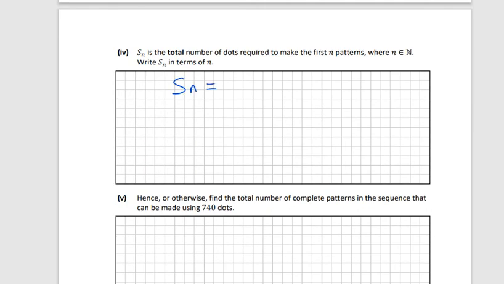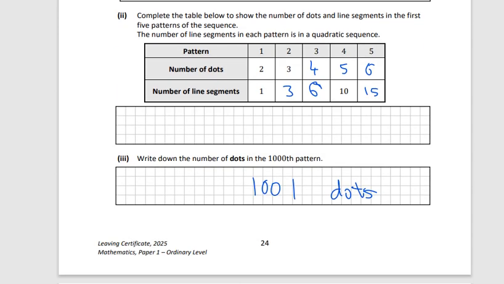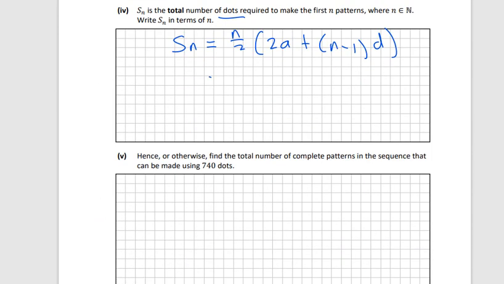Sn is a formula. It's n over 2, 2a plus n minus 1 d. And we're just going to put it in for the number of dots. The A in the pattern, A is always the first digit in the sequence, so that's 2, first number in the sequence, and then it goes up by 1 each time, so 1 is the D, it's the difference.